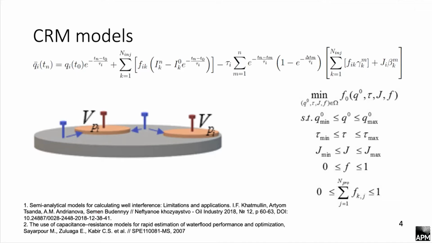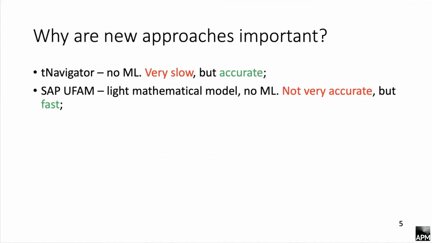but this approach is also difficult, because you need to write down this function. So today we have two different ways. We can use standard classic models that are very slow but have very high accuracy.